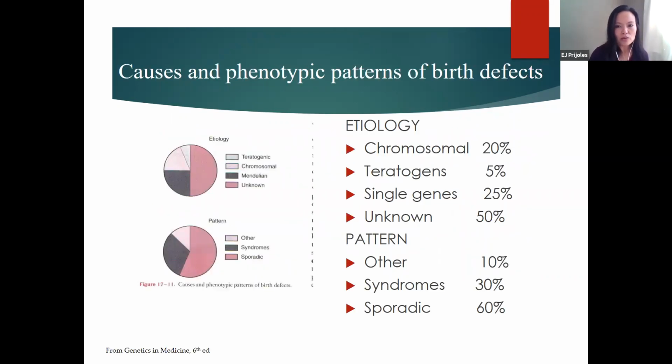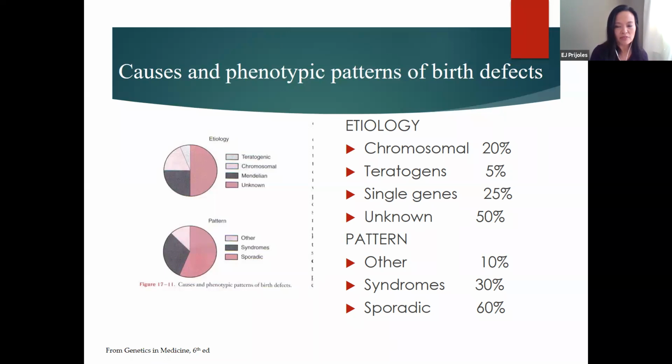And when we think about the causes of birth defects, there can be various causes, many of which are unknown. So if you just think about in general, about half of birth defects we may not know the cause.